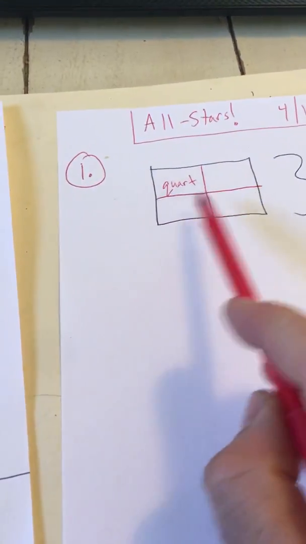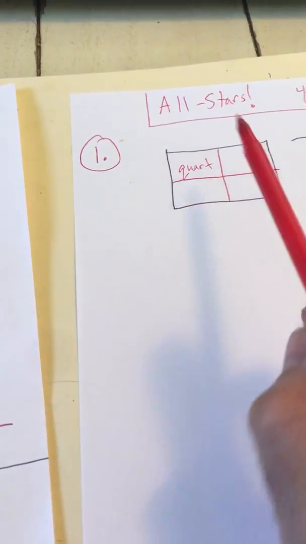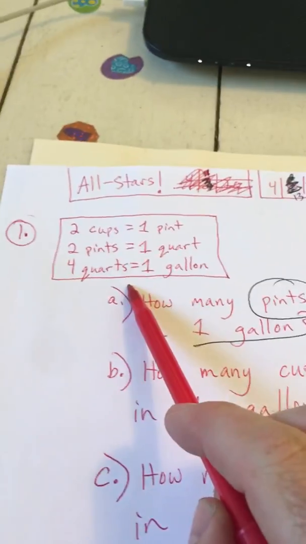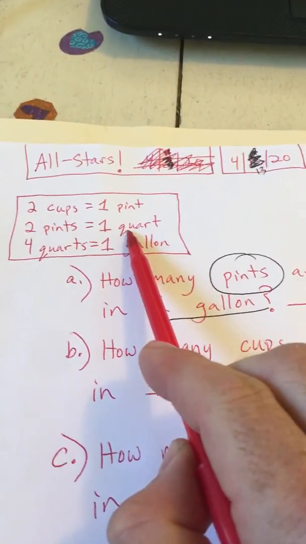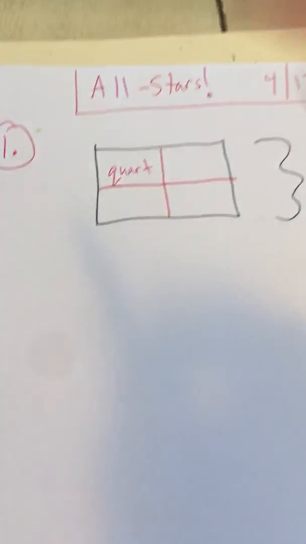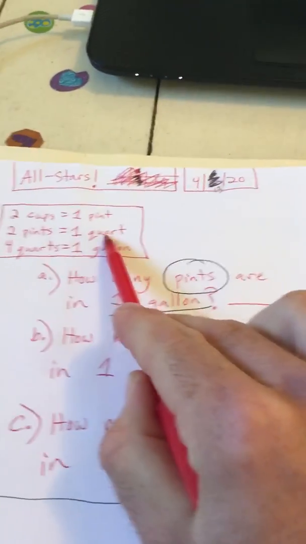So if 4 quarts makes a gallon, we got our drawing here. These are all quarts. I'm not going to put quart in all of them because we're going to cut them in a second. Then it says 2 pints makes 1 quart. So I'm going to take this quart here. I'll put an arrow here to show you it's a quart. It's saying that 1 quart is 2 pints.